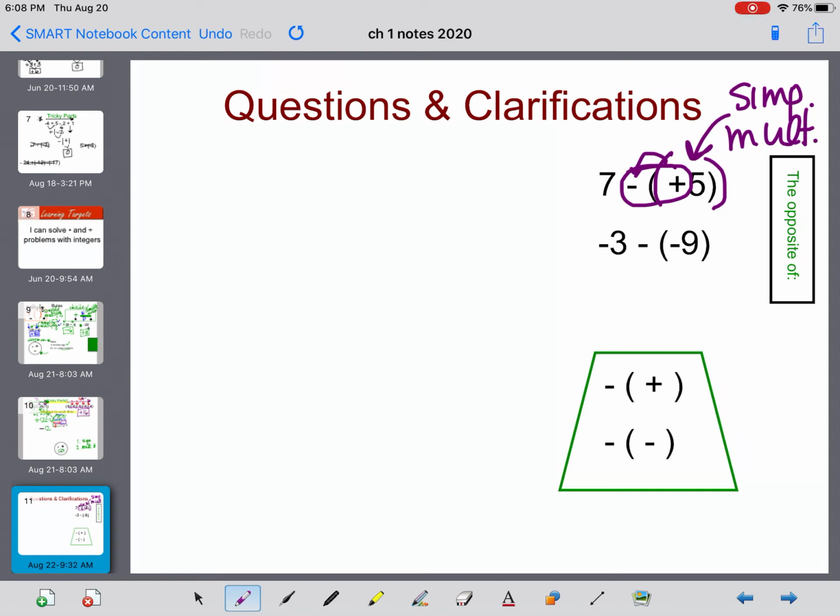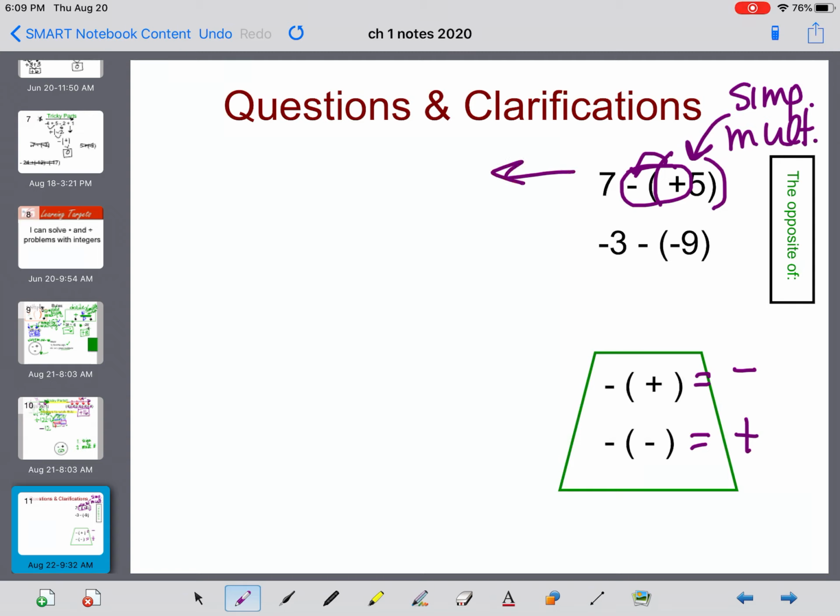So, when I have a minus plus, those are opposite signs. And so my result is going to be negative. If I have the same sign, my result, of course, would then be positive. The only time I'm going to get a negative result is when I have opposite signs. So if I see a negative plus something, it's going to turn that number negative. If I see a negative something, it's going to turn that number positive.